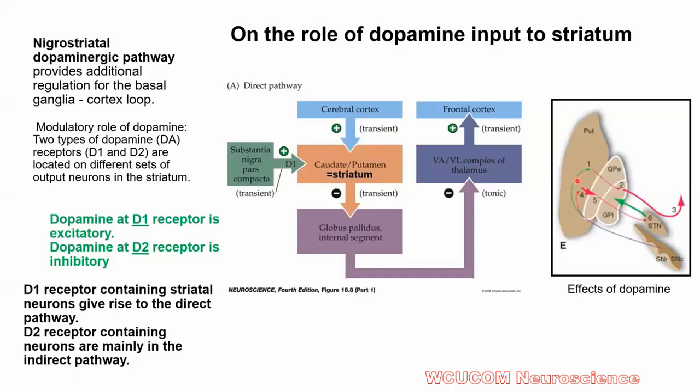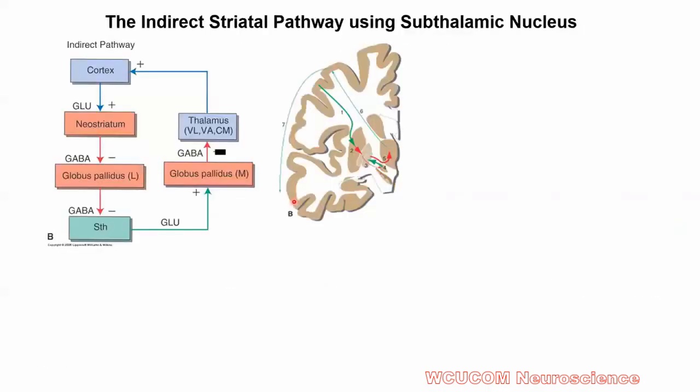And this will be very clear in a disorder, for example, Parkinson's, where the dopamine tone is so greatly diminished. So with that, we have looked at the direct pathway. Now we're looking at the indirect striatal pathway using subthalamic nucleus.